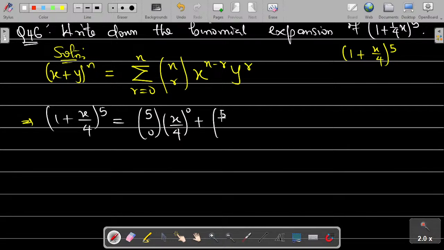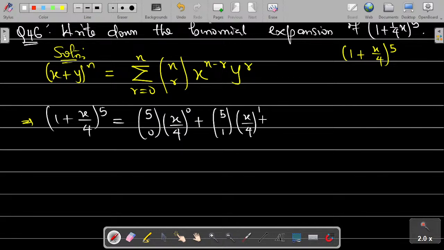Then plus the next one will be 5 combination 1, then 1 to the power of 4, multiplied by x over 4 to the power of 1. Remember the power of 1 will keep reducing while the power of x over 4 will keep increasing by 1.